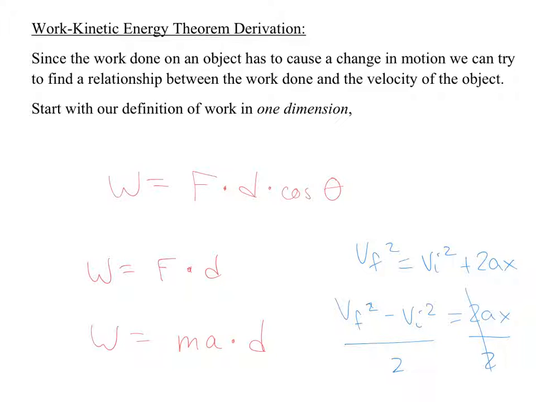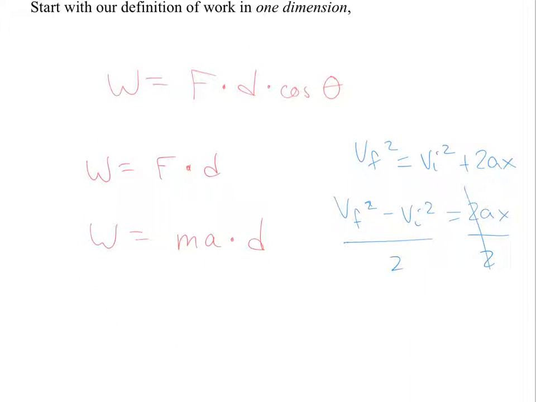So this expression, Vf squared minus Vi squared over 2, can replace ad in this other formula over here. Let me point that out so you can see it. This right here is really mass times ad. But since d and x are the same in this problem, I could replace that with an x. Mass times a times d, mass times a times x, same thing in this case.